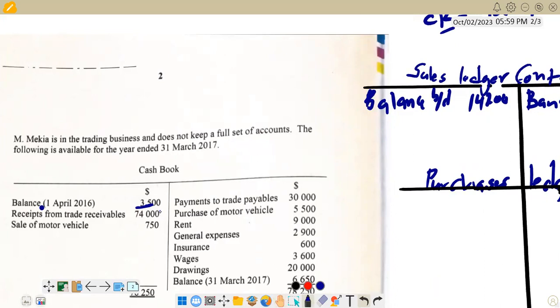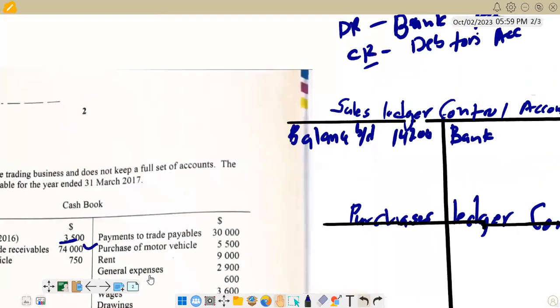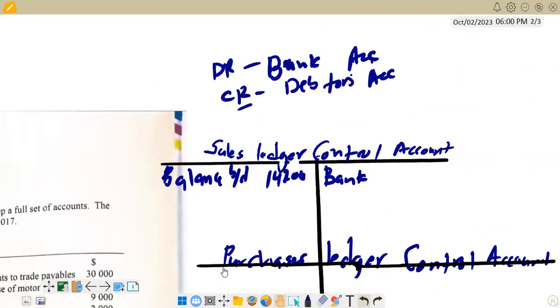What was received is indicated here as receipts from trade receivables. These are the debtors who paid 74,000. So this is the amount that we are going to put on the credit side of the sales ledger control account. So we are going to say 74,000 here.